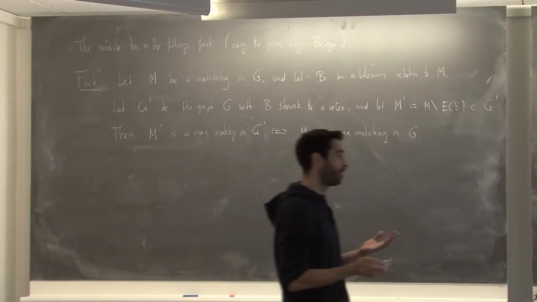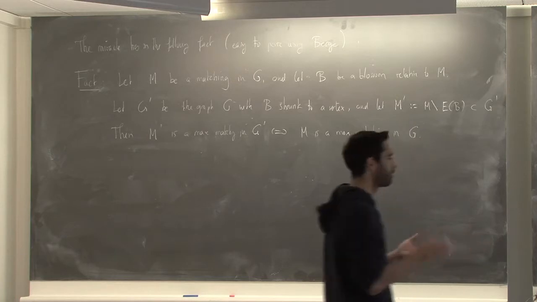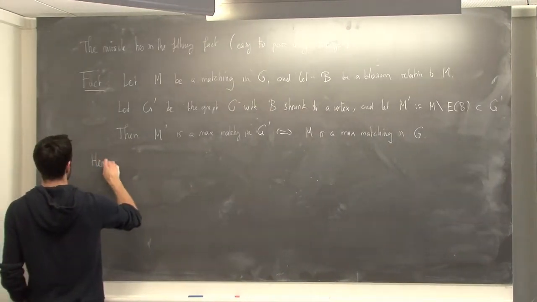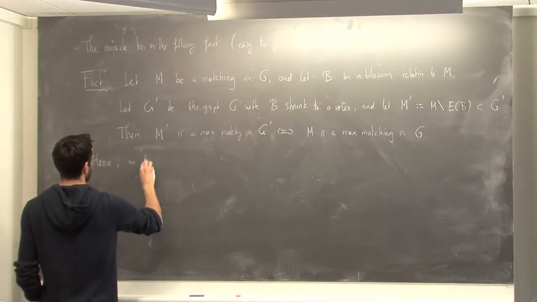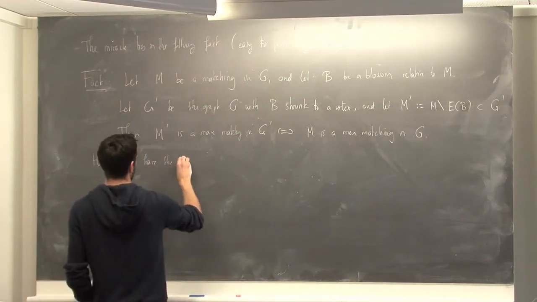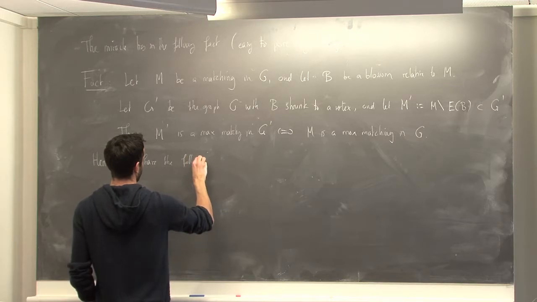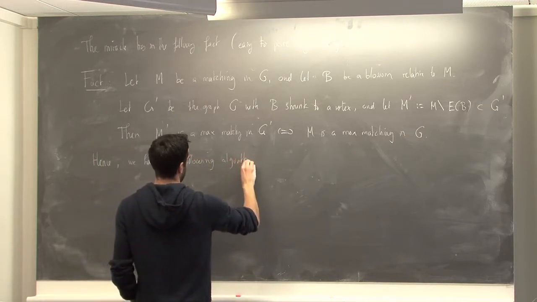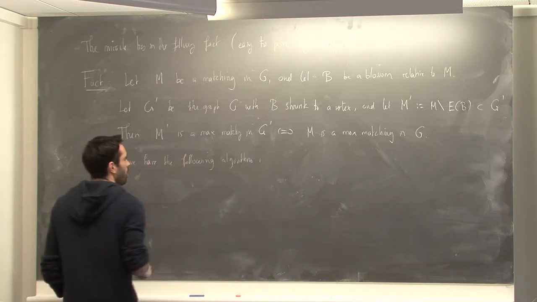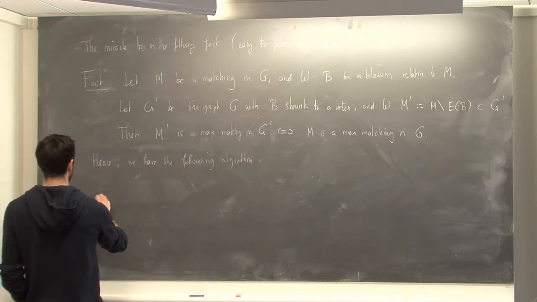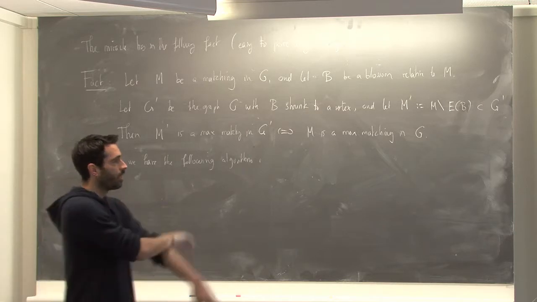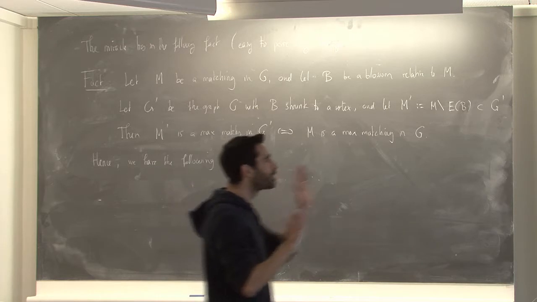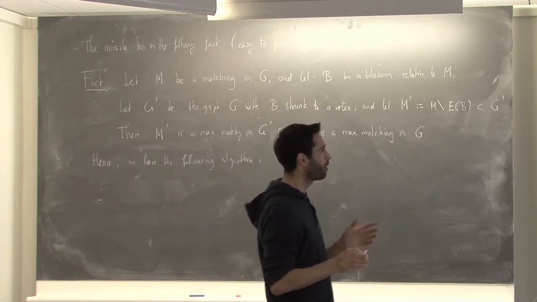And so now, therefore, there is the following algorithm. Again, I'm not going to prove anything. So hence, we have the following algorithm. Basically, you do the same algorithm as in the Hungarian method.